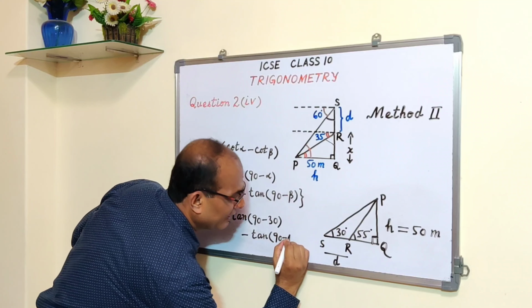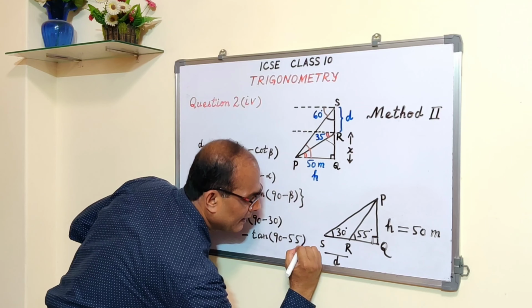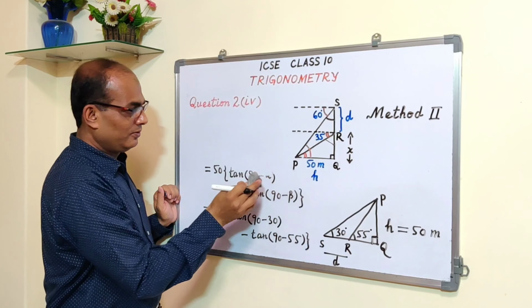Beta is 55. Got it? Can I rub this step now? Yes, I guess I can. Rub this step. This is method 2. We are doing method 2.